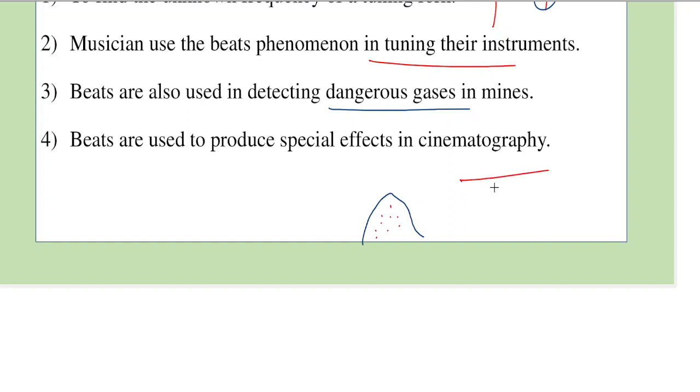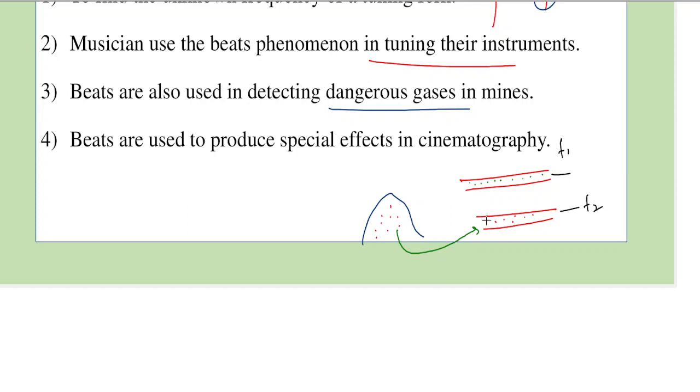Then we can take two pipes, and in one pipe we can fill pure air, that is the air around us, and in the other pipe we fill some gas from the mine. Now suppose the air was pure and we set them into resonance, then these two will have the same frequency. We call these frequency 1 and frequency 2.